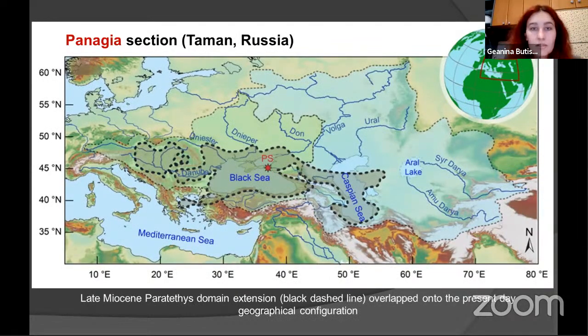The section in question is called Panagia. It is situated on the Taman Peninsula in Russia, on the northern margin of the Black Sea, and currently is not accessible anymore because in the last years a port was built, and some other facilities. So we were really lucky actually to get these samples. From the image, you see a dotted contour in black.